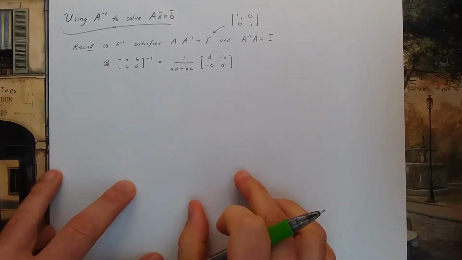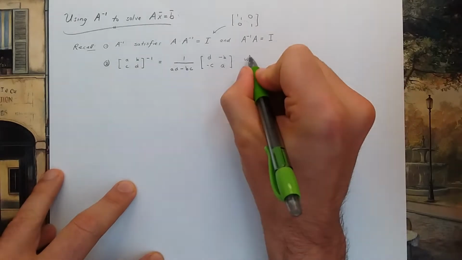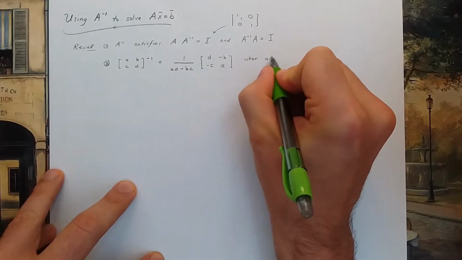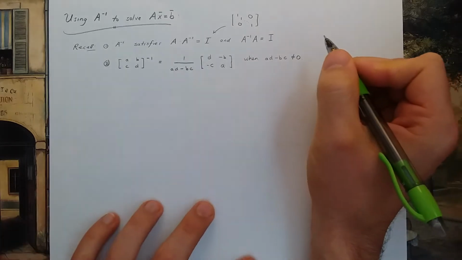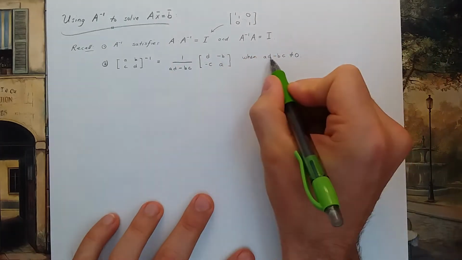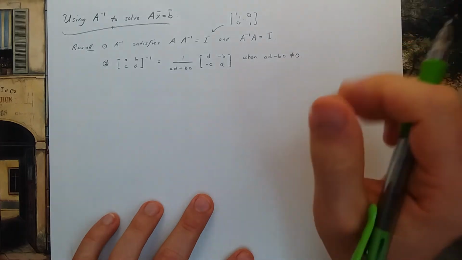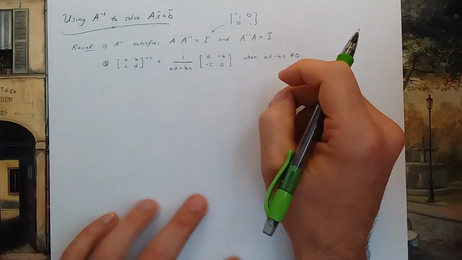So this works when AD minus BC is not equal to 0. If this is equal to 0, then the matrix does not have an inverse. Not every matrix has an inverse.